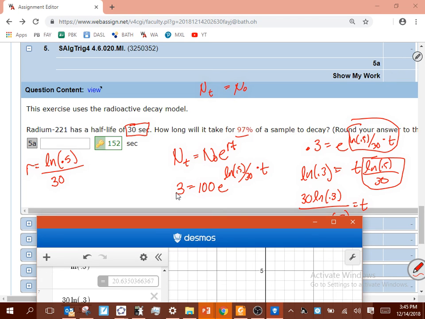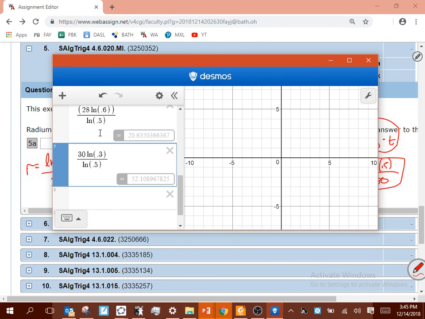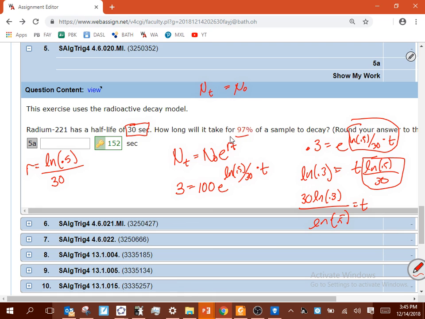I put 3 here. It should be 0.03. That's my fault. That fixes things. 97% is 0.97. 3% is 0.03. So that's my fault.